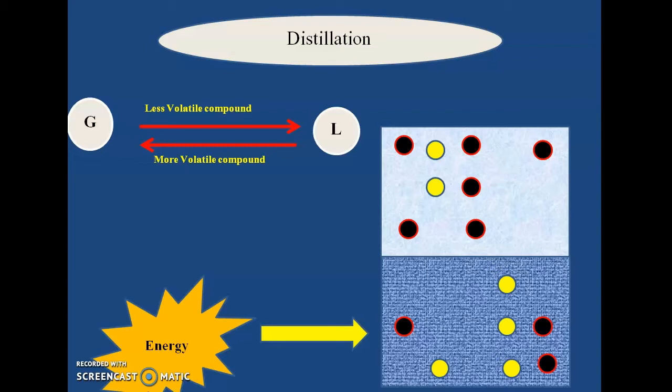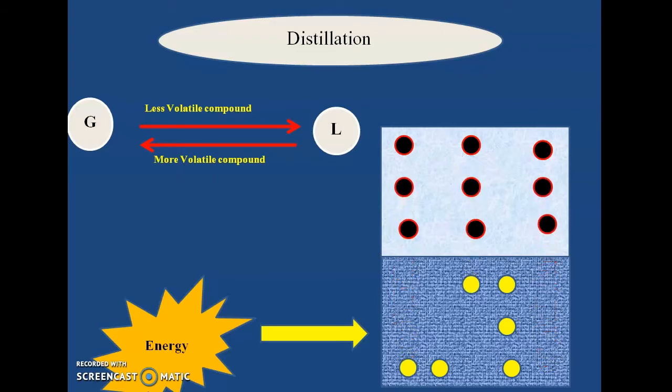When these two phases come into contact, the transfer takes place like this. The more volatile component which is left in the liquid phase gets transferred to the gas phase, and the less volatile component which is left in the gas phase comes back to the liquid phase. You might be thinking mass transfer takes place from higher concentration to lower concentration, but here the transfer takes place in the opposite direction.